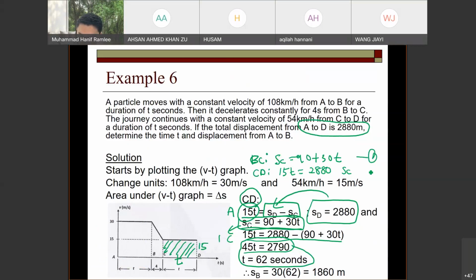So this is the first equation. The second equation, you can simplify the equation, you will get T in the end of the day.